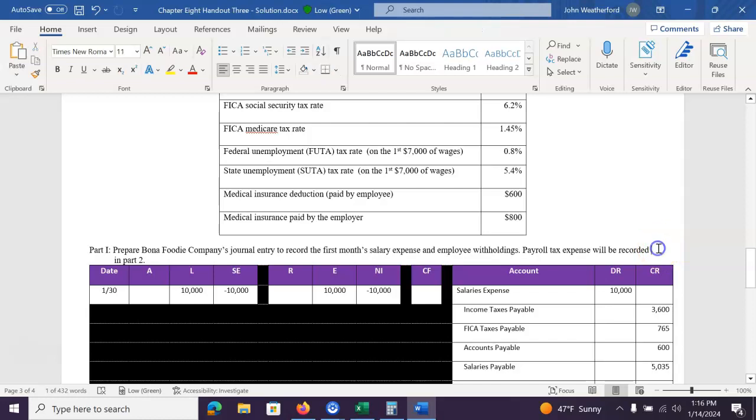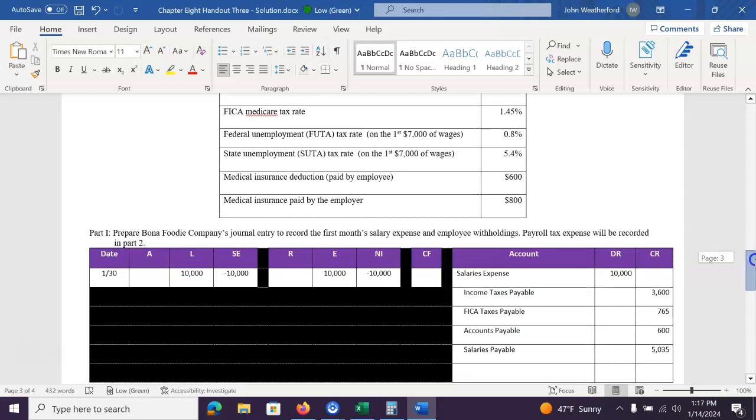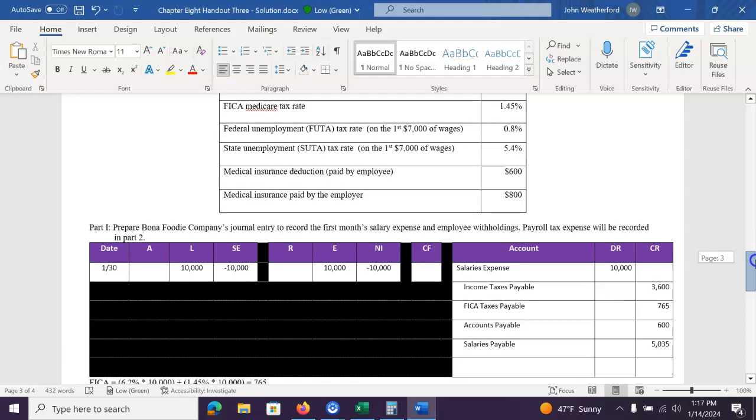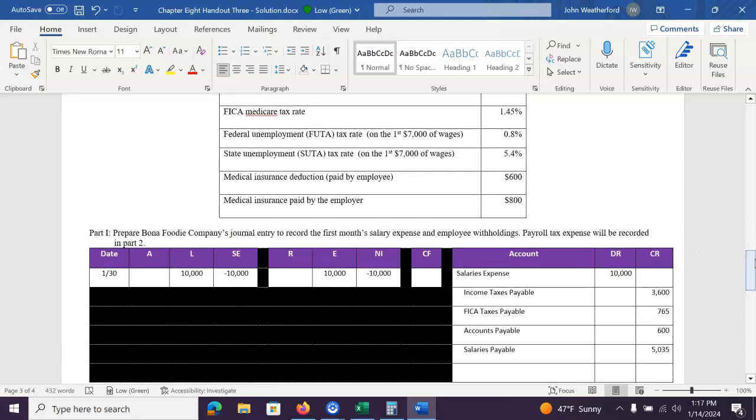Again, you guys, I think if you've looked at a pay stub before, and I'm sure most of you have, this entry looks very much like a pay stub. To me, that makes it one of the easier ones we do because I think you're familiar with this going into it probably. If not, you will be at some point.